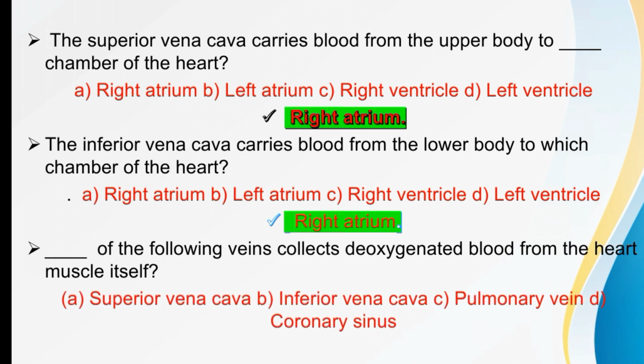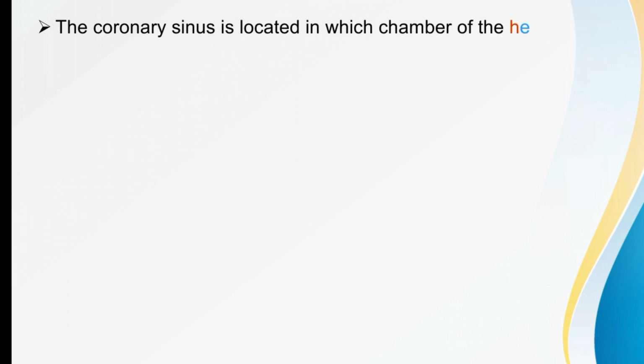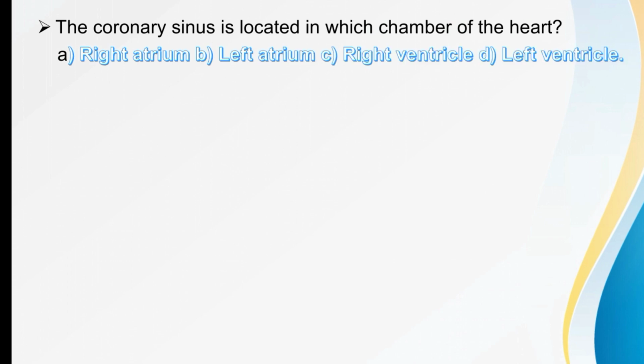Superior vena cava, inferior vena cava, pulmonary veins, or coronary sinus. So the right option is coronary sinus. The coronary sinus is located in which chamber of the heart? Right atrium, right ventricle, or left ventricle. So the coronary sinus is located in the right atrium of the heart.